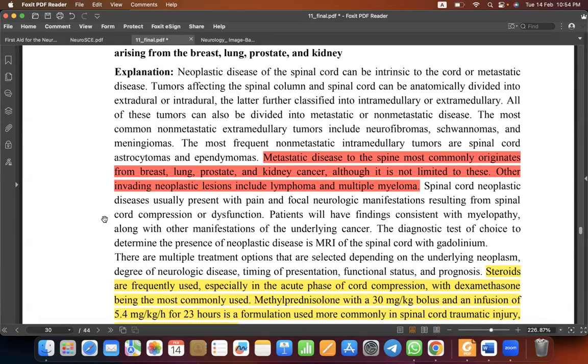Okay, so the commonest extramedullary tumors include meningioma first. Second come neurofibroma and schwannoma. Okay, the metastatic disease is most likely from the lung, breast, prostate, thyroid, kidney. A lot of conditions could be there. There could also be myeloma, multiple myeloma, or lymphoma. That could be another possibility as well.